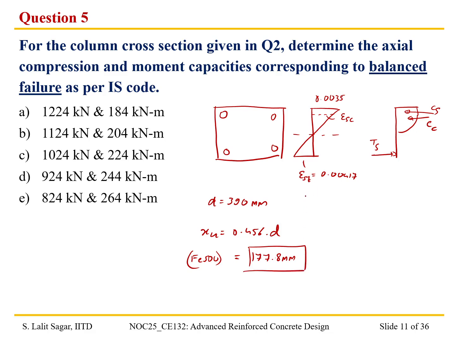Okay, so we have this depth as 177.8, and this is 390 minus 177.8. But I think this is not really required right now.